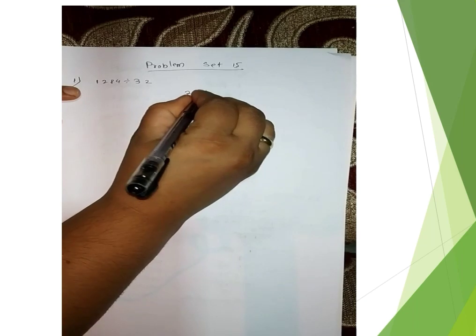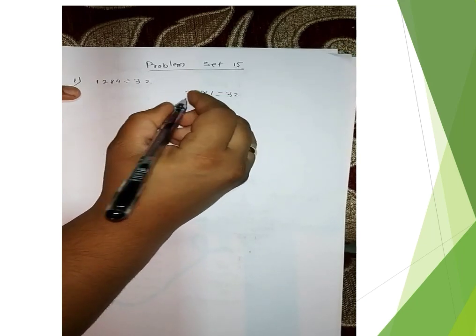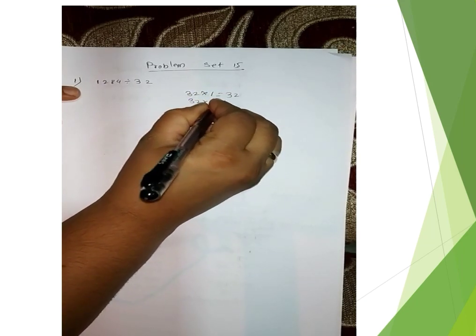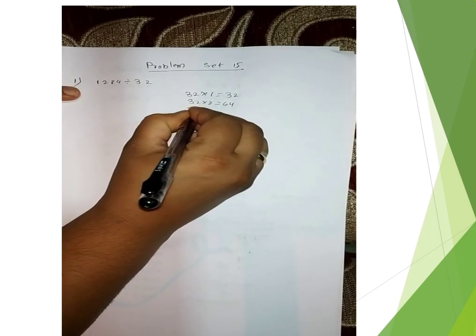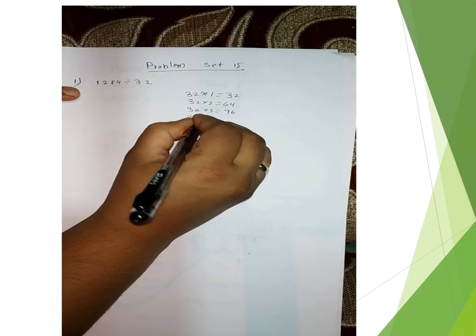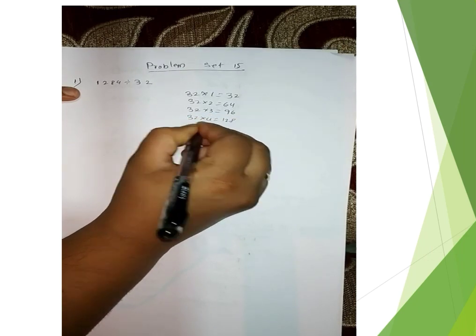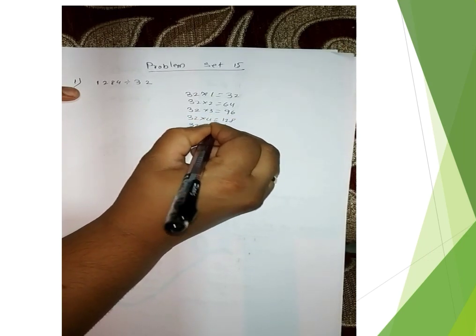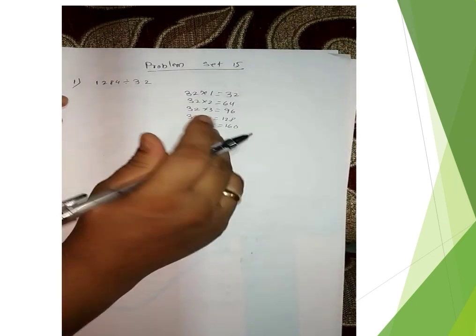So 32 into 1 is 32. 32 into 2 is 64. 32 into 3 is 96. 32 into 4 is 128. 32 into 5 is 160. Okay. Here we will write till 5. If we require more, then we will write more. No need to write the full table in one go.